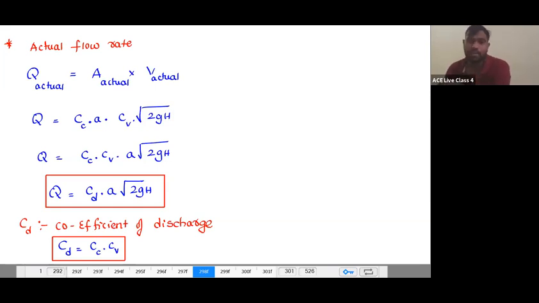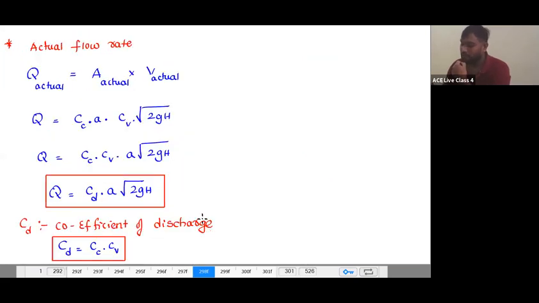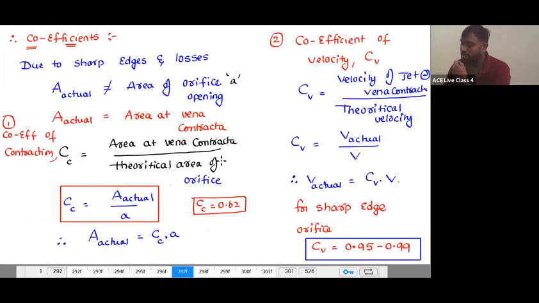So actual area into actual velocity, the actual discharge, by theoretical area into theoretical velocity, the theoretical discharge. Now, how do we find CD? Once I know the CV, then I can find the CC, then I can find the CD. Sir, what about the area of the vena contracta? That you can find at the opening.